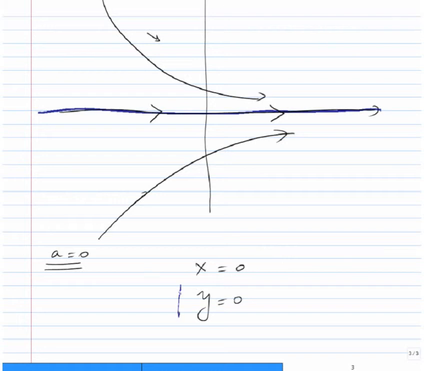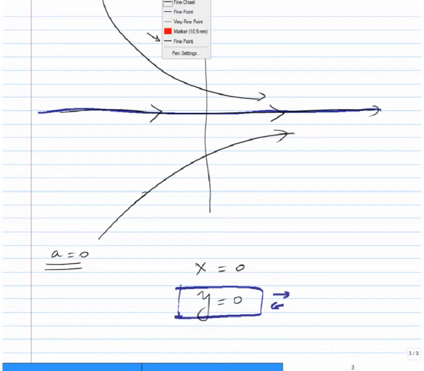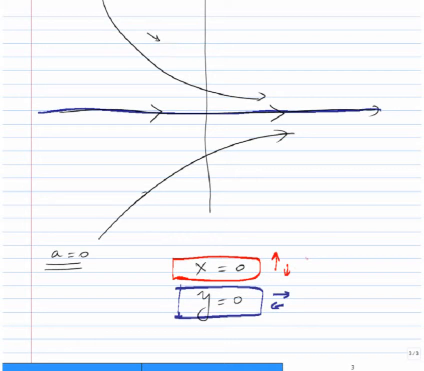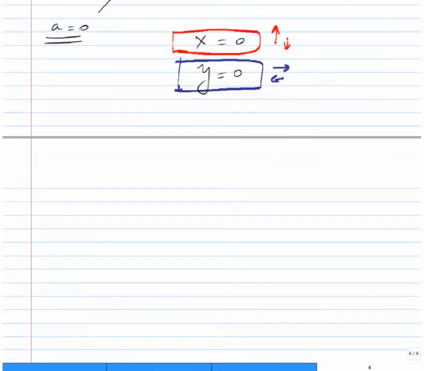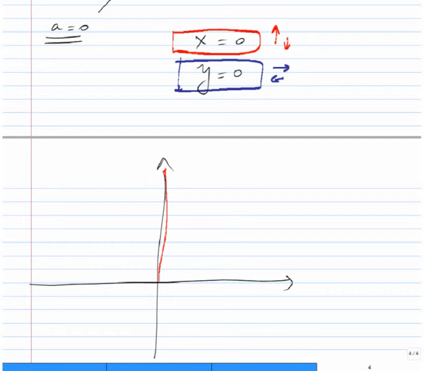Again, the blue one is going to be the x-axis, but this time the red one, the x nullcline, will be the y-axis.